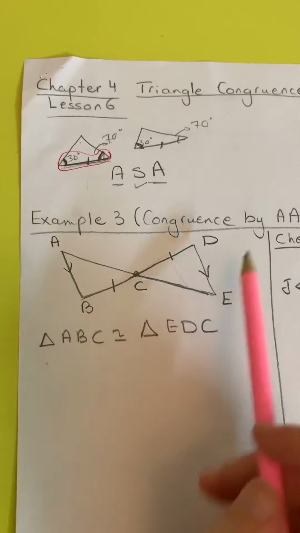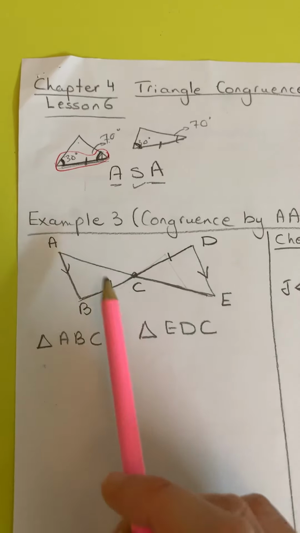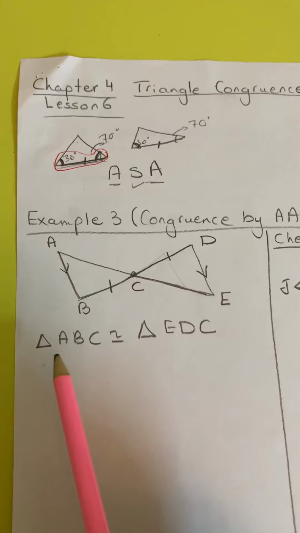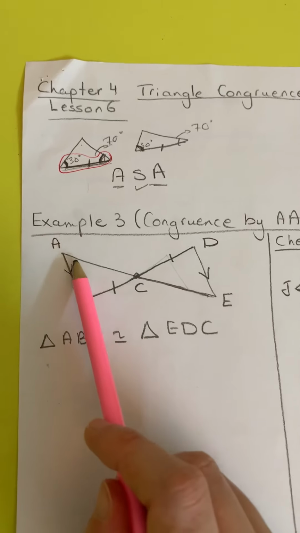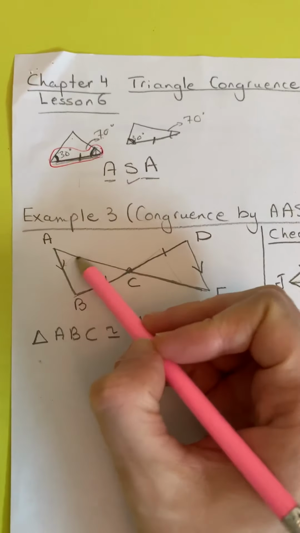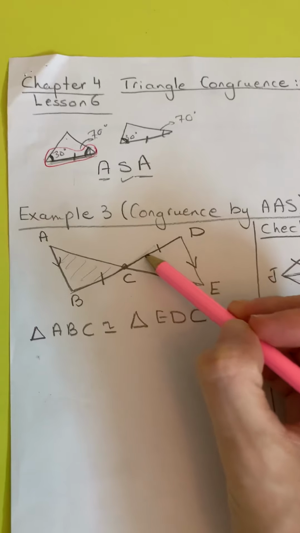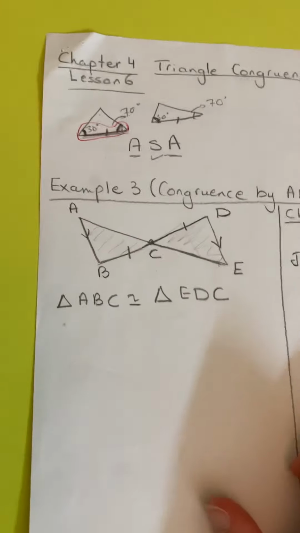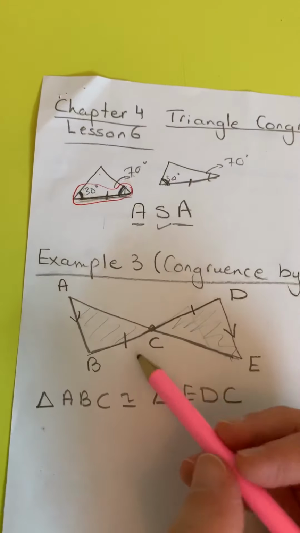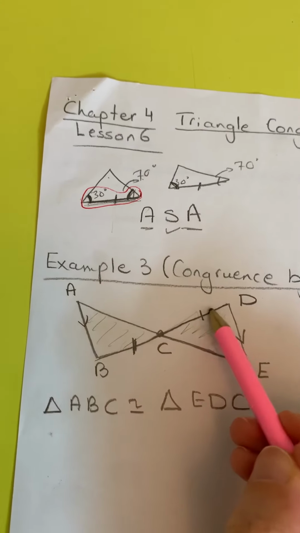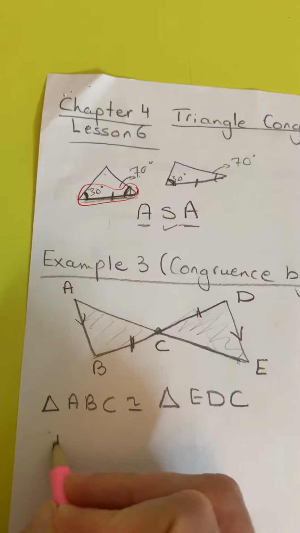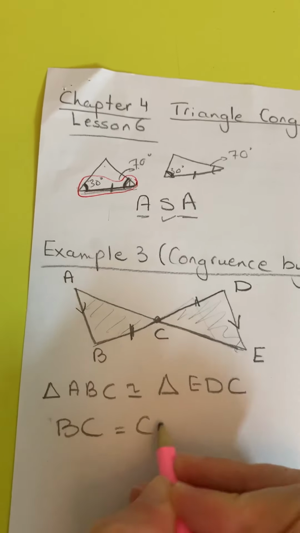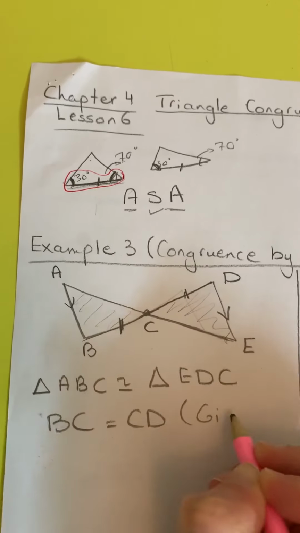For example, if you have this figure in example 3, and they said that we have to prove that triangle ABC, this triangle, and EDC, this one, are congruent. First, I can clearly see that BC is equal to CD because it's given.